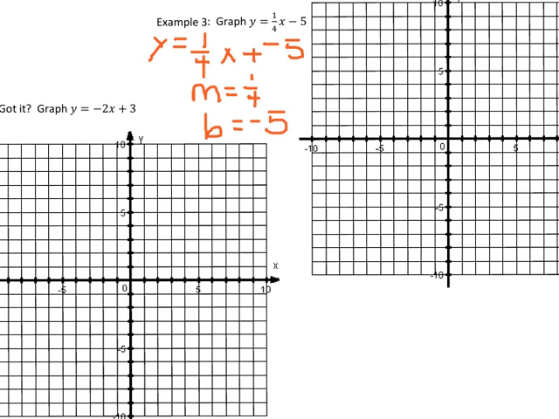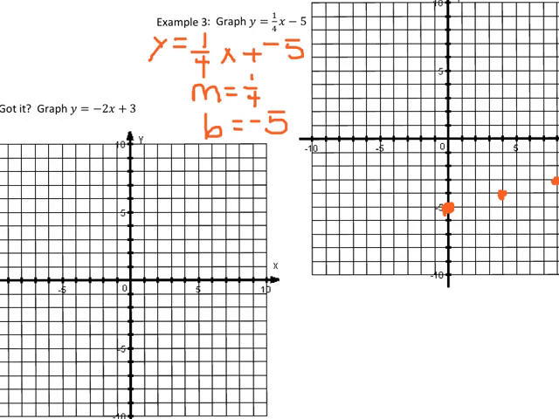So I start by plotting my y-intercept at -5. And then from there, I'm going to rise 1 and run 4. So I put another point right there. I'm going to do that again, rise 1, run 4.